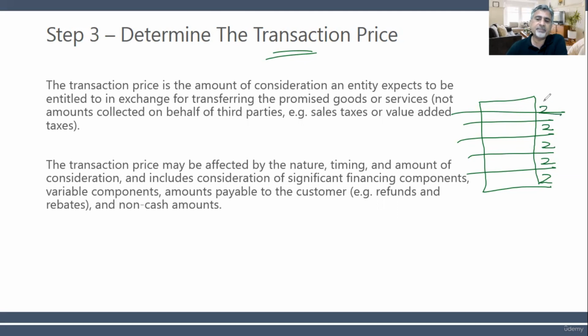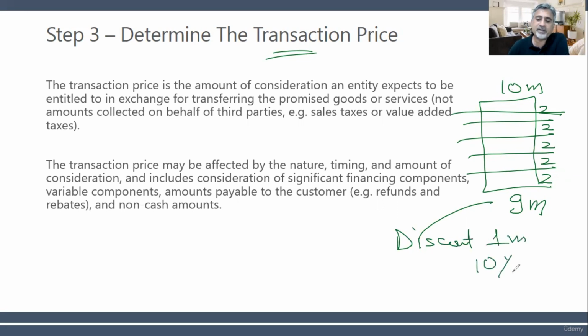So it makes me 10 million. Total, it should be 10 million, okay? But somehow you negotiated at 9 million. So when you negotiated at 9 million, there is a discount. There is a discount of 1 million over 10 million. So it means that you are giving a 10% discount. So actually this 10% discount is given on the total contract value.